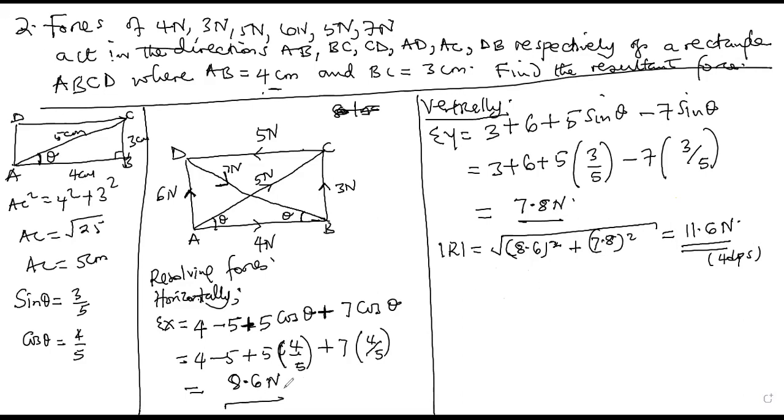So after getting this resultant, you can go ahead to get the direction. They are both in the positive direction. X and Y components are in the positive direction, so positive X, positive Y. That is how I would expect your sketch to be for the purposes of the direction. So this is 8.6 and this is 7.8. If you complete the triangle, it will be like that.